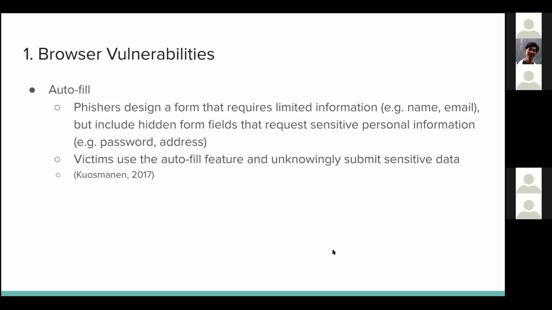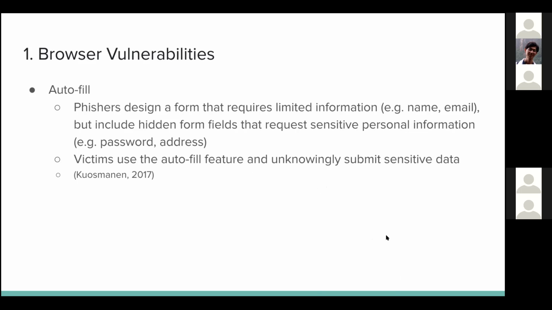But actually on the page, there can be other form input fields that request sensitive personal information, such as the password, email address, or even a credit card number. So if I click on the site and then use the browser's autofill feature, all those hidden form fields will also get filled up by the autofill feature. And then when I click submit, the attacker will be able to receive all those hidden data.